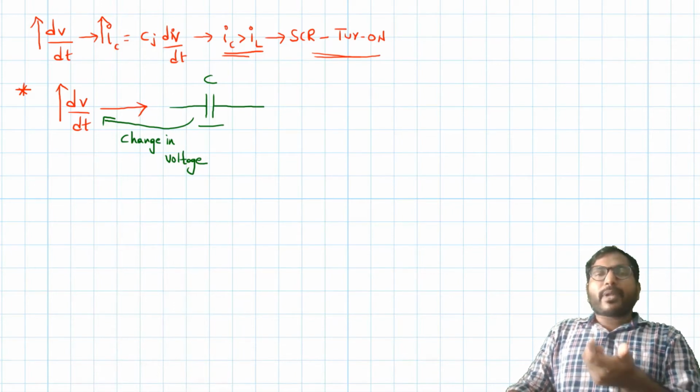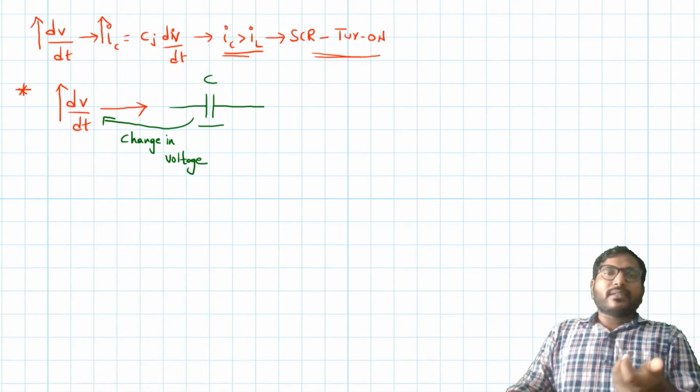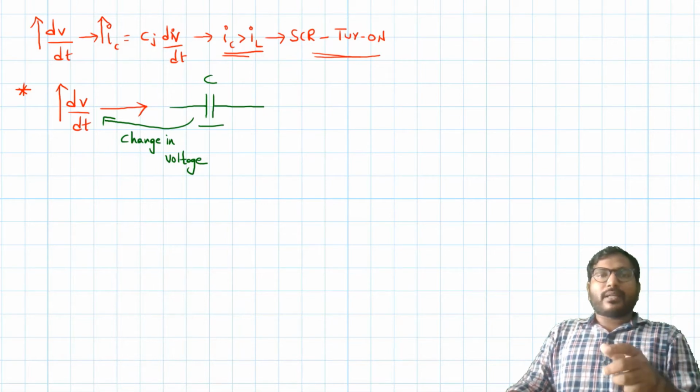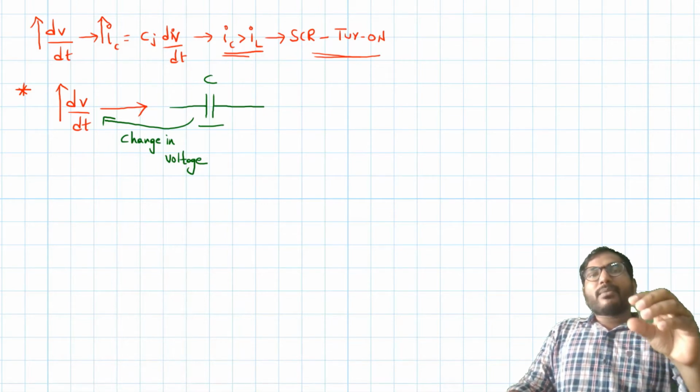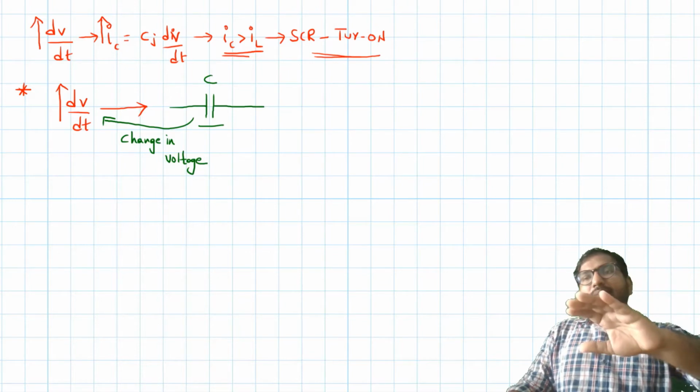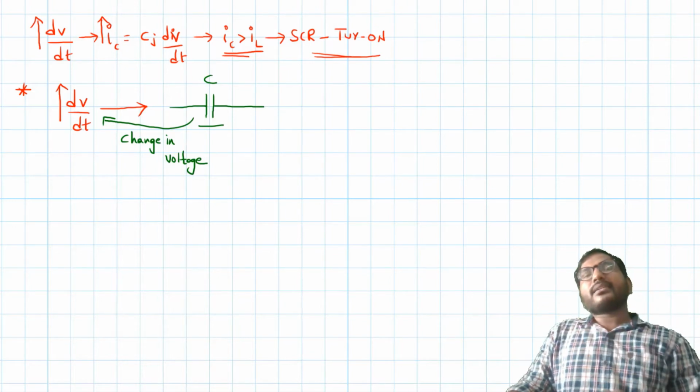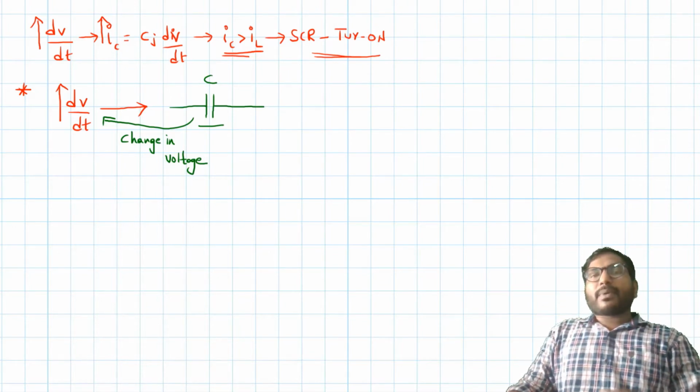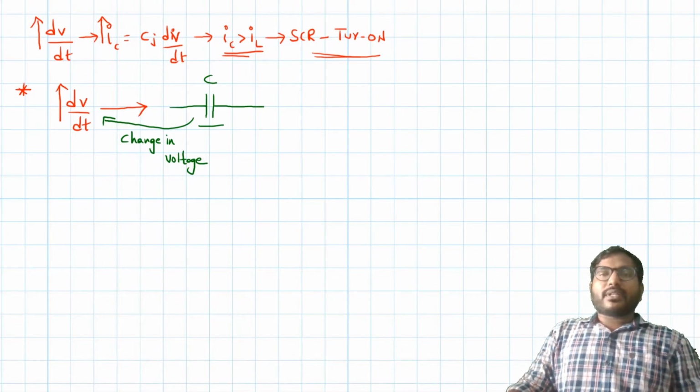So where can we place this capacitor, in series or in parallel? The voltage elements must always connect in parallel. That's why the capacitor is a parallel element and the inductor is a series element.